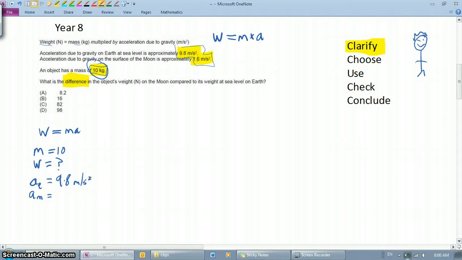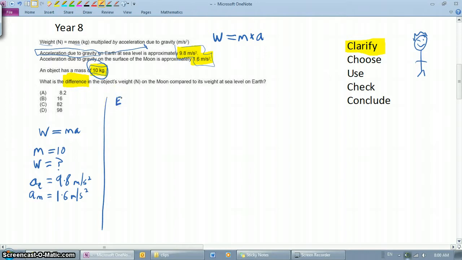We don't need to know that, we've just got to recognize that it is the acceleration due to gravity, which links into our equation. And acceleration on the Moon is 1.6 meters per second squared. So let's work out what the weight would be on Earth first.